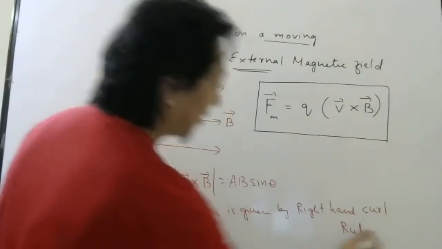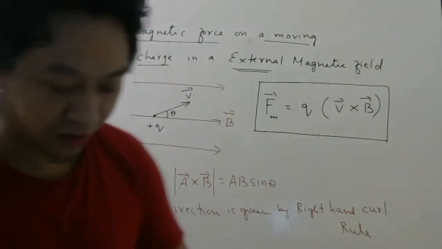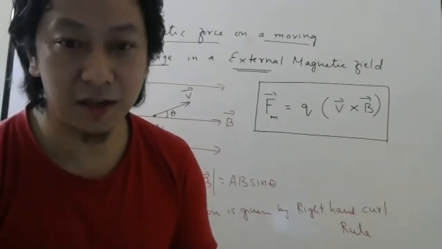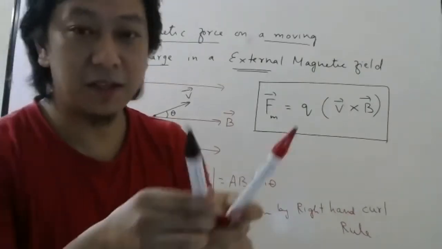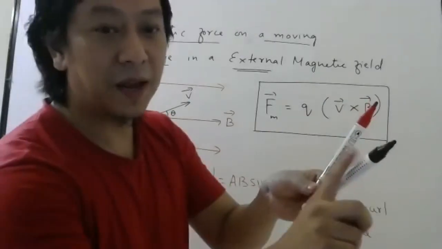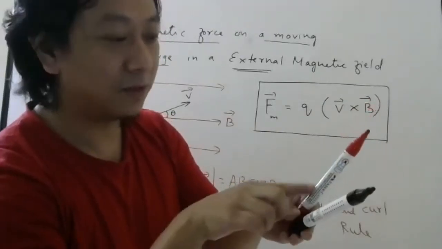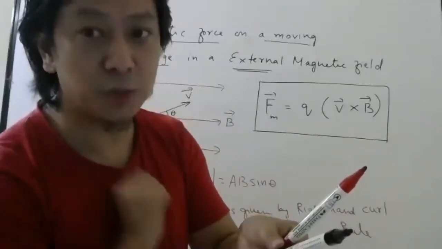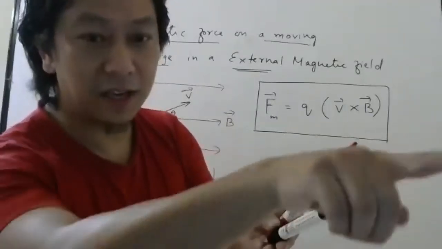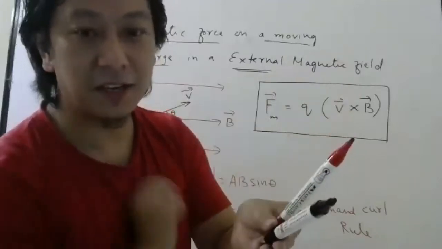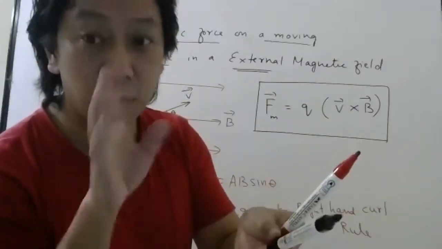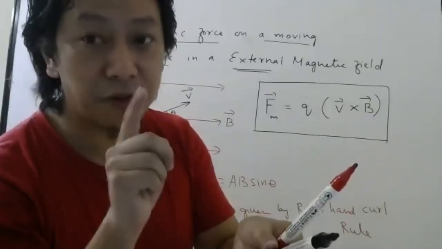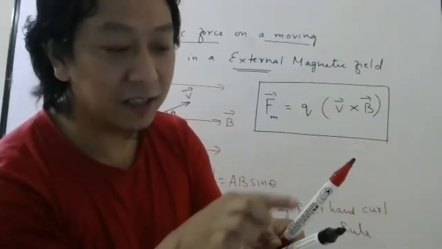So look here, let me remind those who have forgotten. Imagine this black is your A bar and this red is your B bar. You want to find the direction of the cross product. First you should find the plane containing these two.